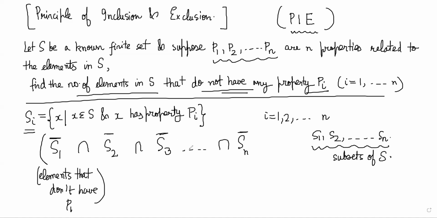So this intersection of all of these sets is what we want to find out, the number of elements that do not follow any of those properties.